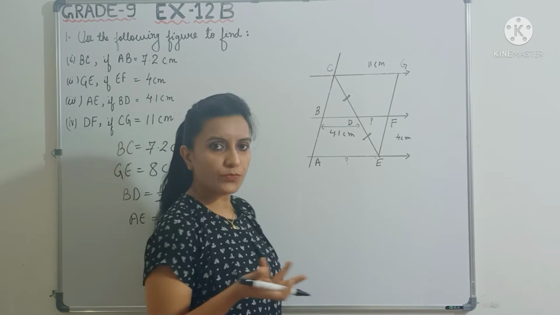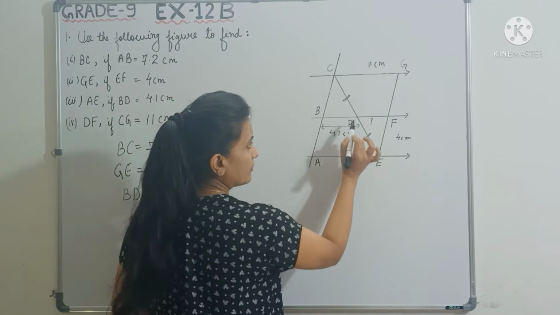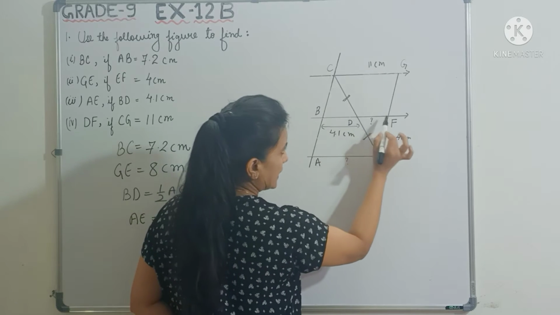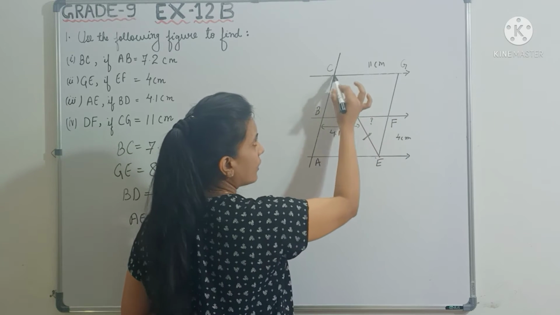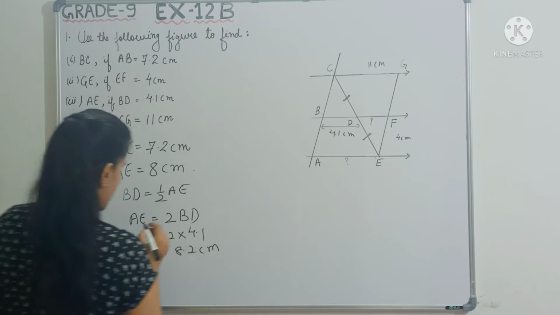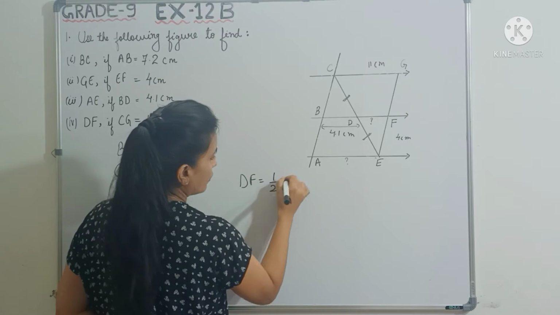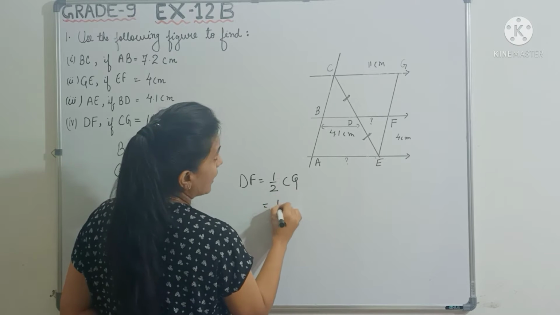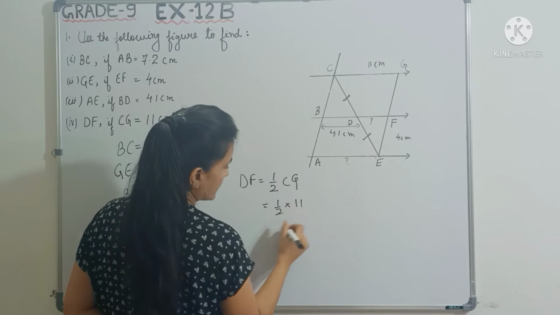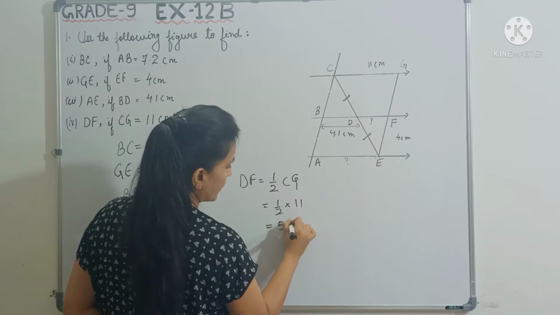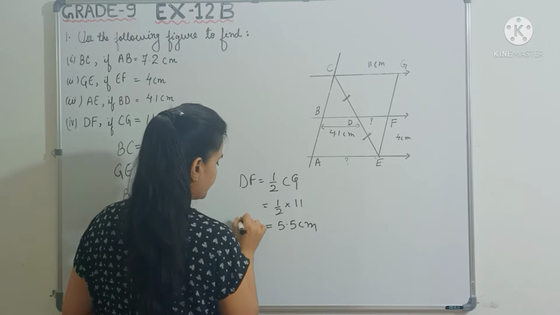So again, you can use the midpoint theorem. From the midpoint theorem, DF will be equal to half of CG, and CG is 11 centimeter, so this will be 5.5 centimeter.